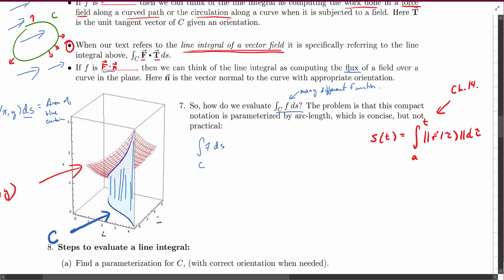Something we did at the end of that video was we said, okay, we could go ahead and differentiate both sides of this with respect to t.